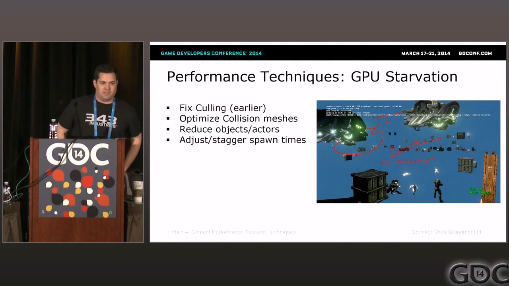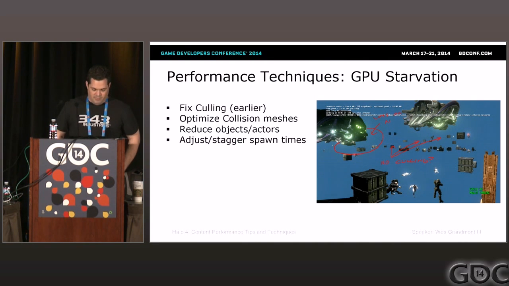We've already talked about some of the culling techniques. Going in and optimizing collision meshes helps get your raycast costs down, and we did quite a bit of that on Halo 4. We had two types of collision: a player collision and a bullet collision, and we would go in and optimize those as necessary to get those raycast times down.